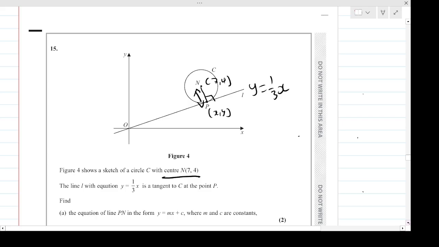I don't know what the point is, but I can work it out, because I also found the equation of the radius PN. It was y equals −3x + 25. So the intersection point P I can find by equating the two lines together.